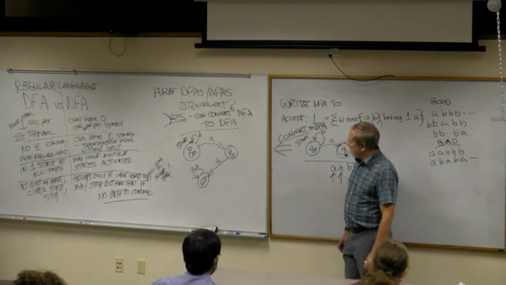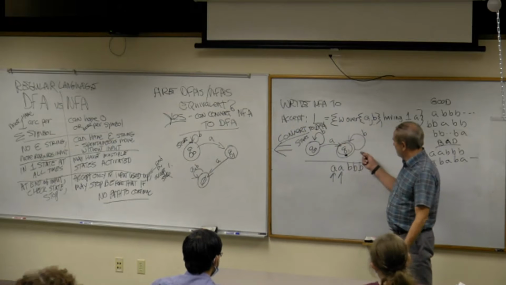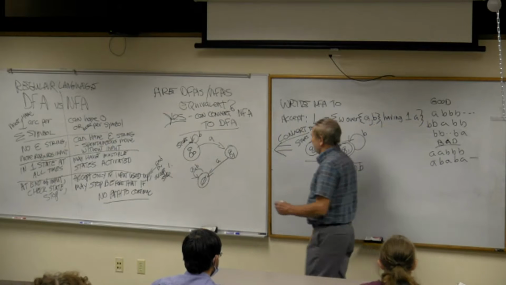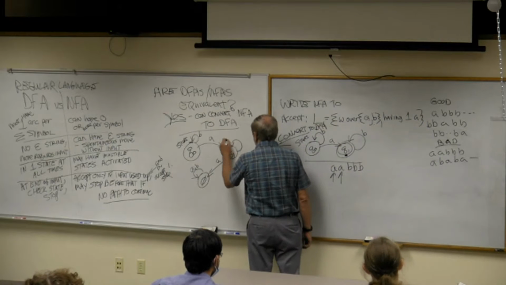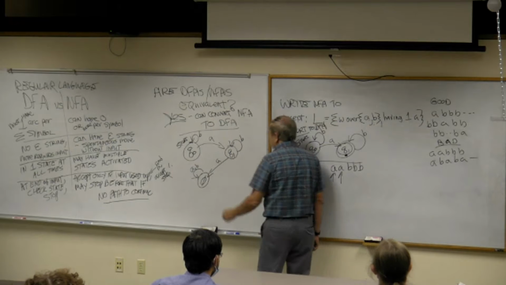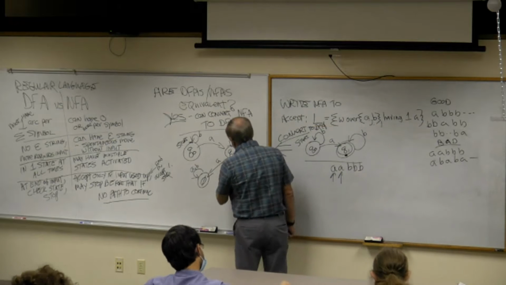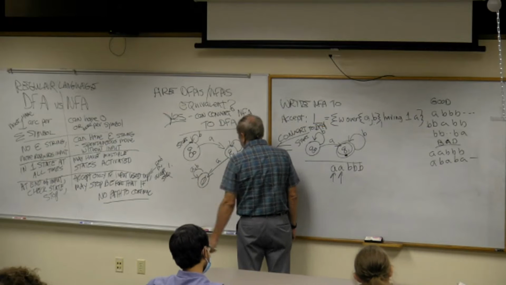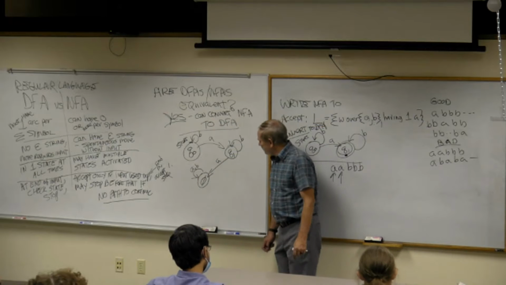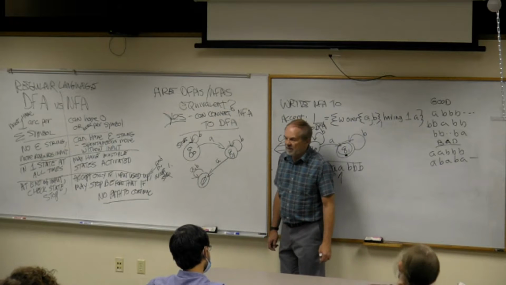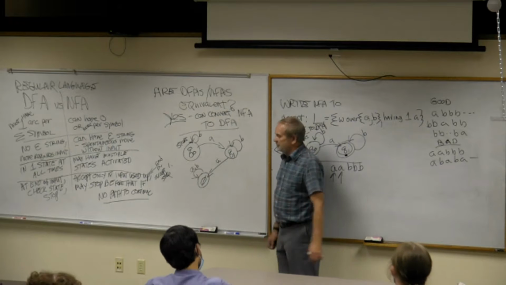So Q1 on an A goes nowhere, and Q1 on a B just goes back to Q1. Check each state that you have so far. Does it have transitions on every alphabet symbol? If so, you are done.